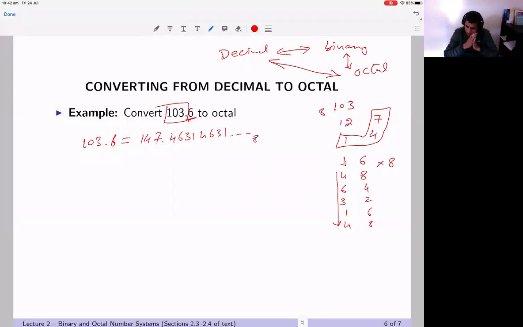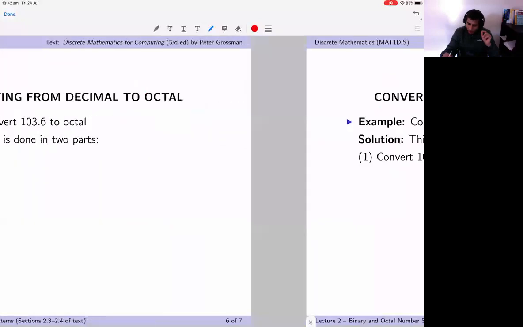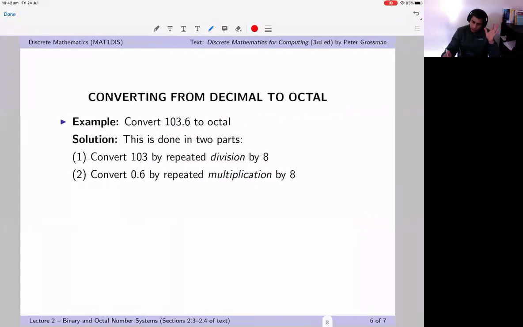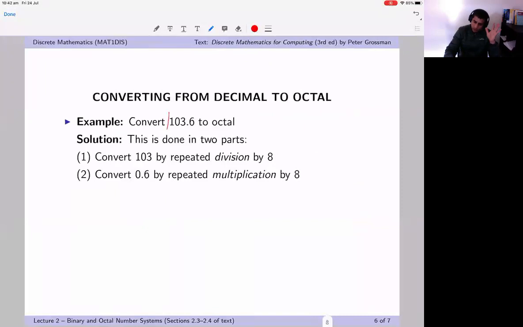But before that conversion, let's look at this in one more exercise. Let's convert a decimal into octal numbers. So recall, if I want to convert an integer into an octal, I would just divide by 8.